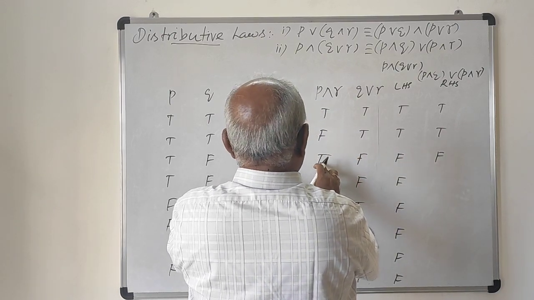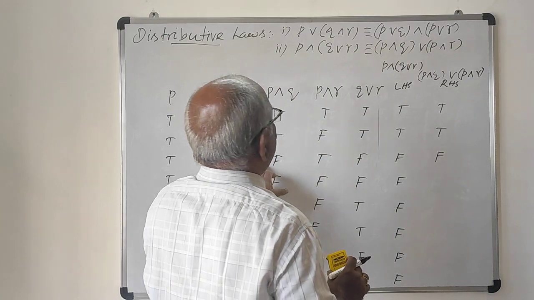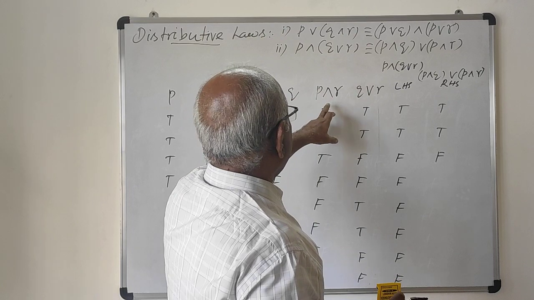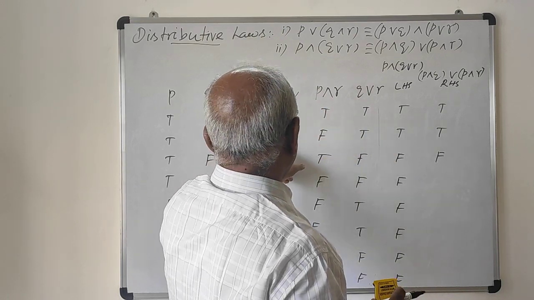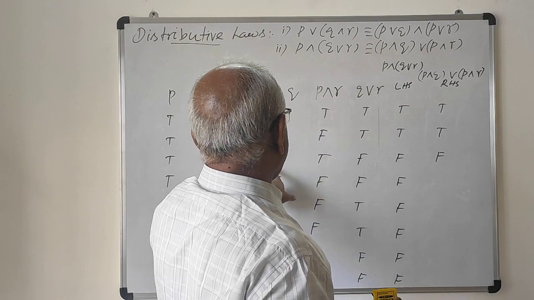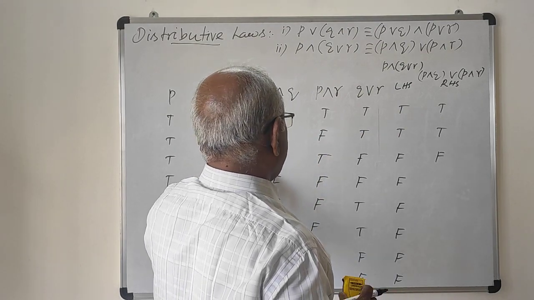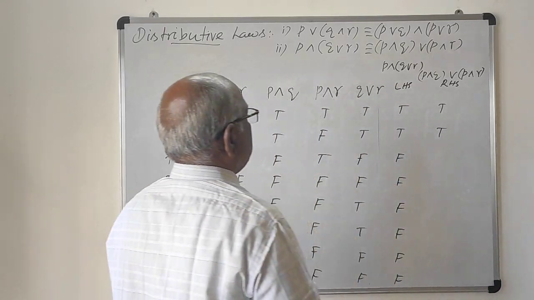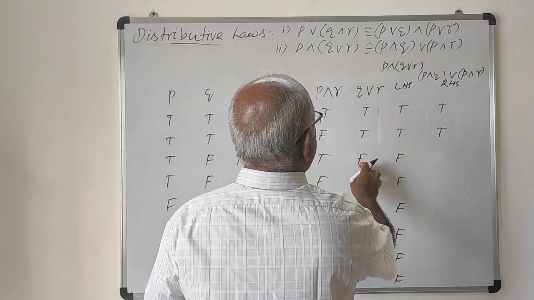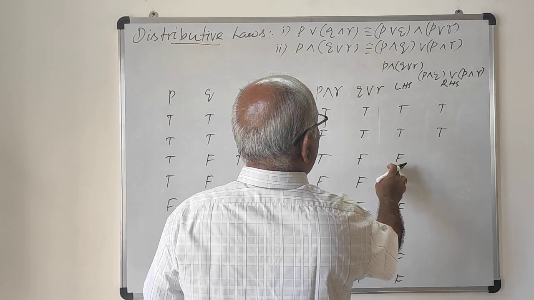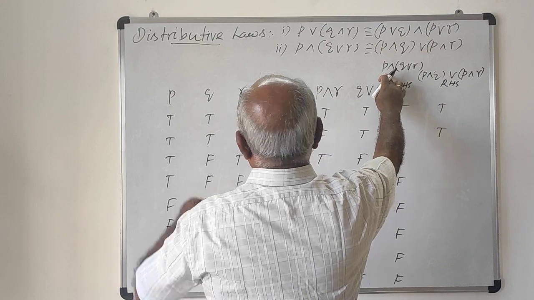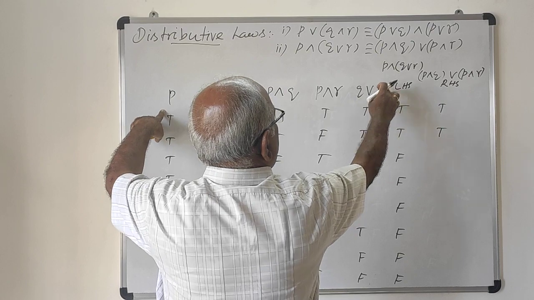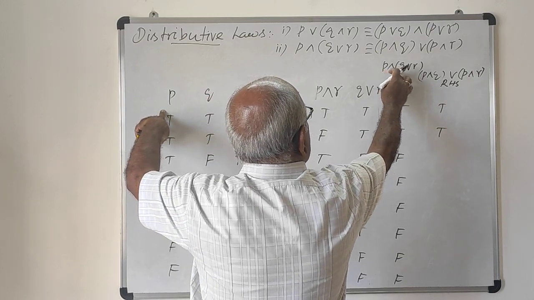For the left hand side, P conjunction (Q disjunction R), we have to take conjunction for these two.